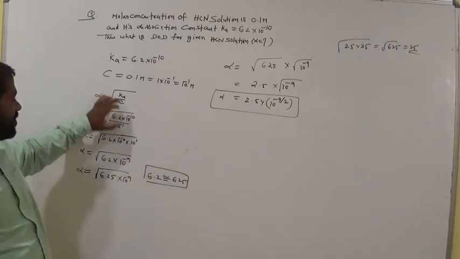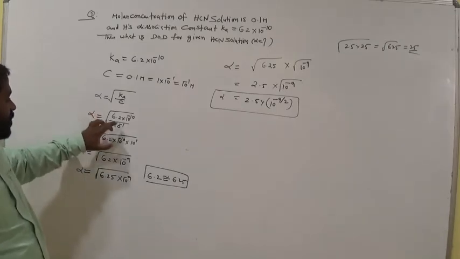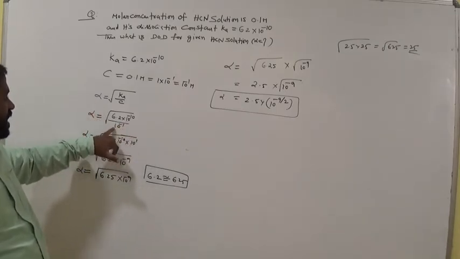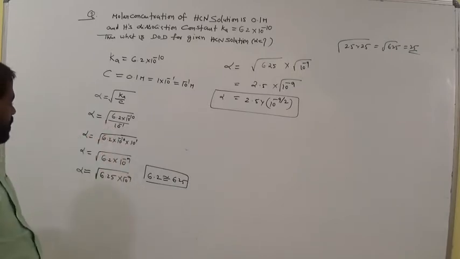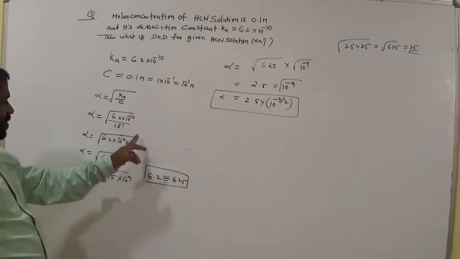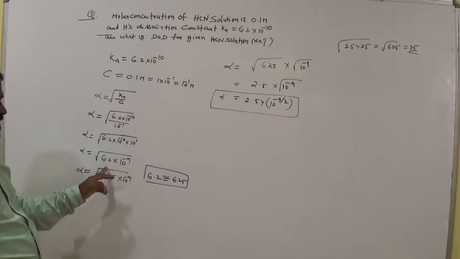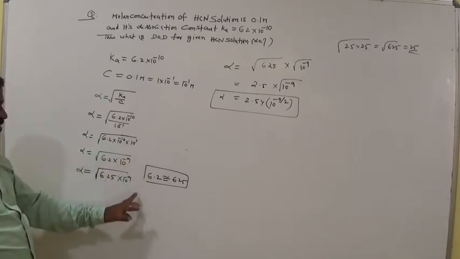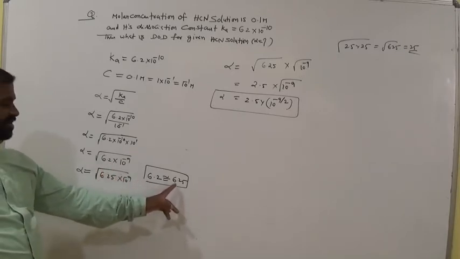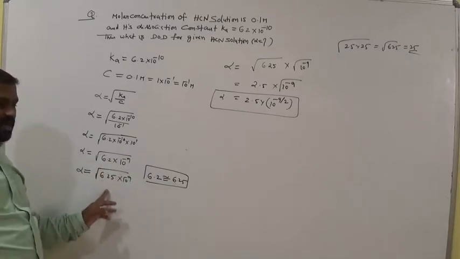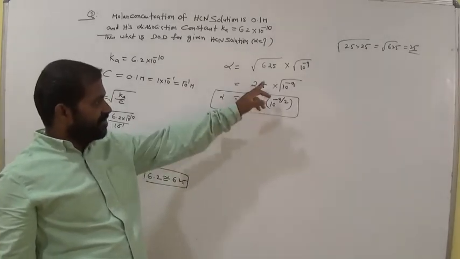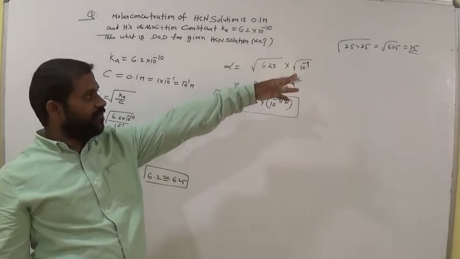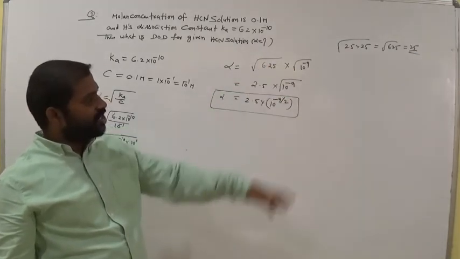Then alpha equals square root of Ka by C, that is 6.2 into 10 power minus 10 by 10 power minus 1, which is 6.25 into 10 power minus 9, where 6.2 is nearly 6.25. Then the root of 6.25 is 2.5, since 25 into 25 is 625 and the square root of 625 is 25.